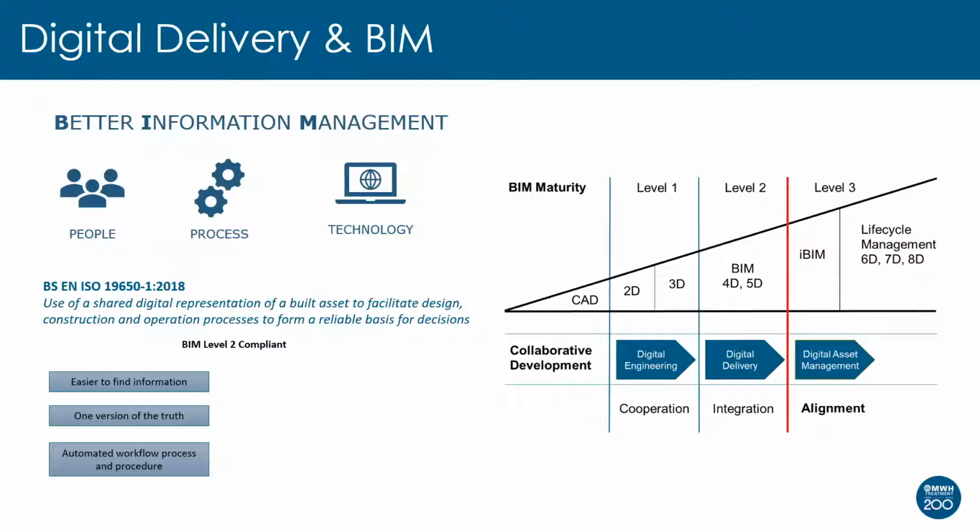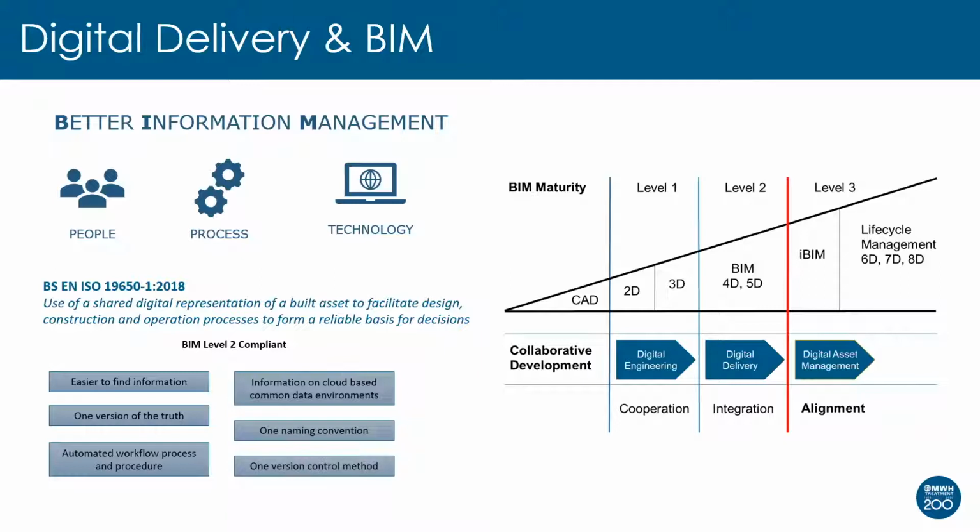So the systems that you use automate the review, check and approve process, and also track where you are with it. So everybody knows where you are at one time. You've got information that's cloud-based. You've got common data environments, which, at the moment, in particular, with us all working remotely due to COVID, has been a huge facilitator for remote working.